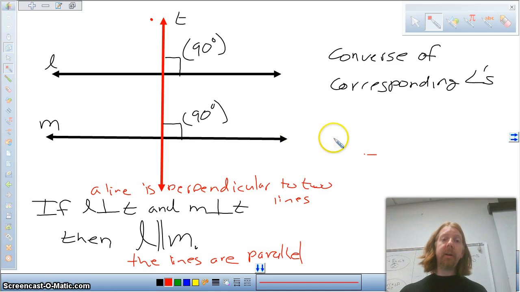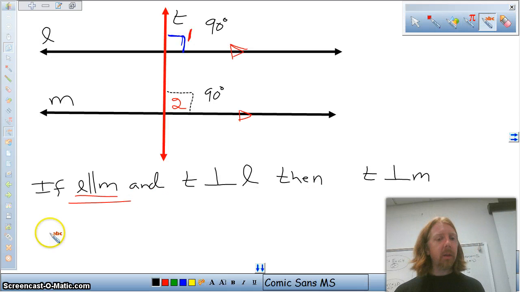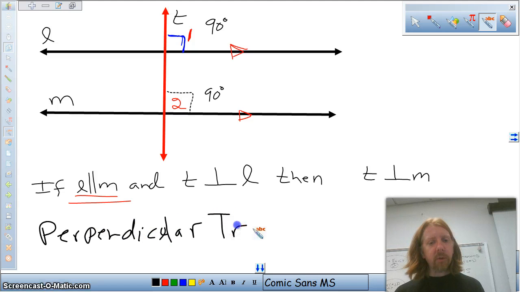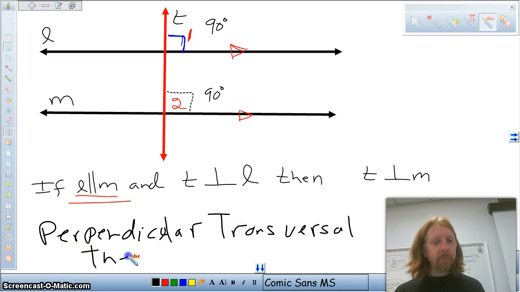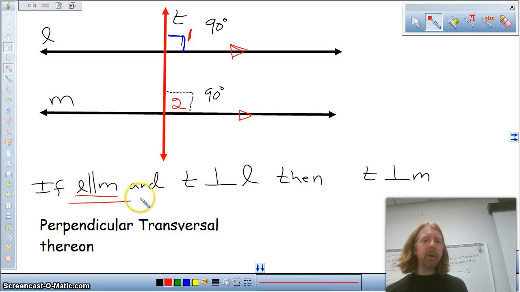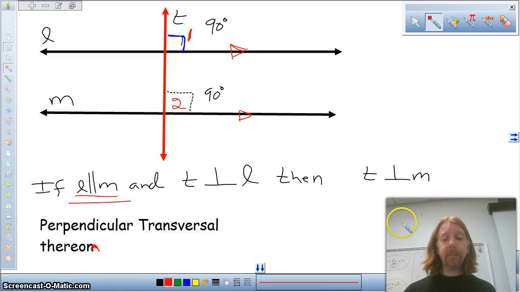Now, this particular theorem doesn't have a name. However, this one technically does. It's called the perpendicular transversal theorem. As a general rule, I'm not overly worried about the names of these particular theorems as much as being able to prove them later as part of your exercises.